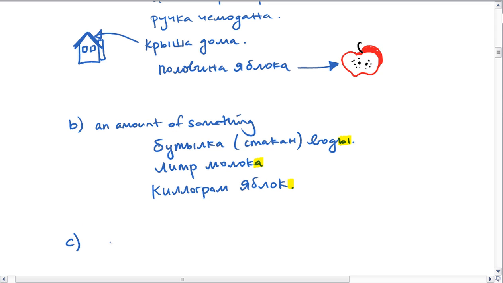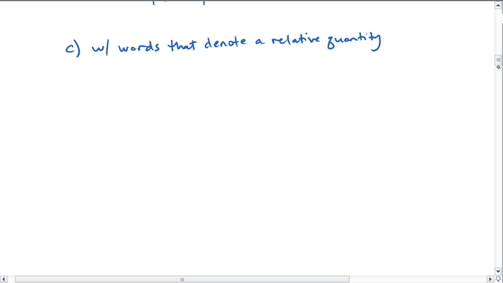We also use the genitive case with words that denote a relative quantity, such as немного, мало, много, сколько, несколько, or столько.